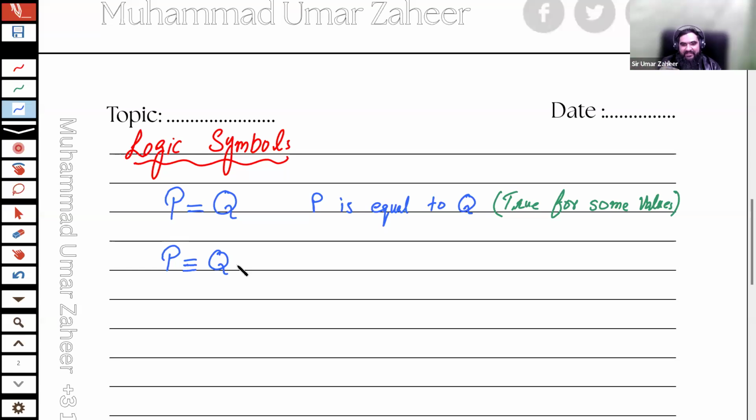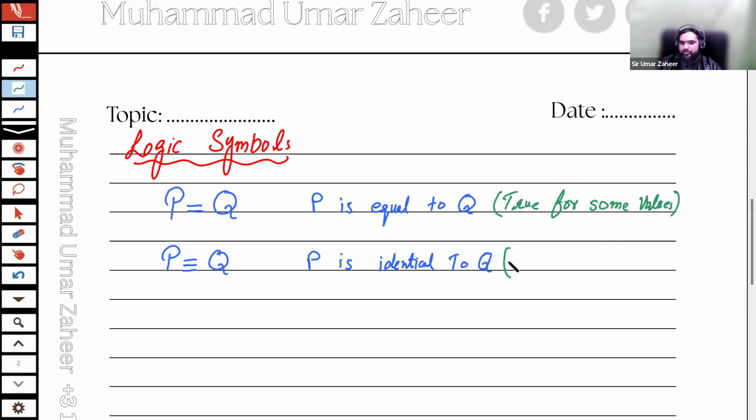It's an identical sign: whatever values you substitute, they are always equal. So we say that P is identical to Q. What is the difference between both of them?